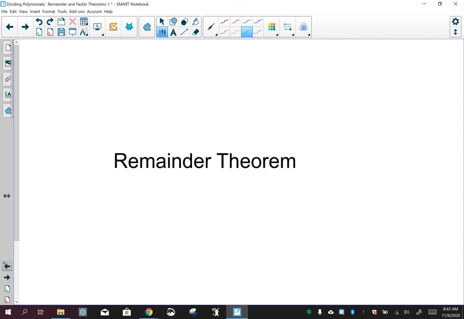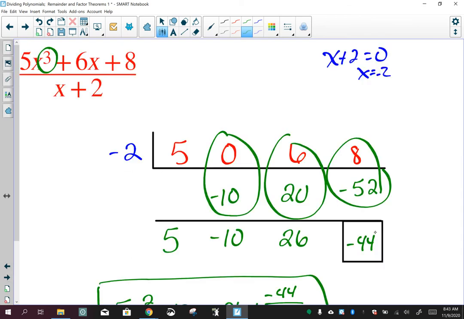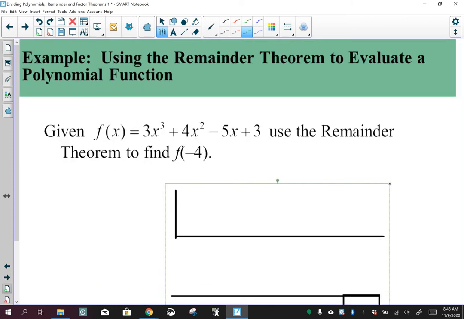So when you go through the process, I'm going to go back here. Whatever number you get right here is going to be what's called the remainder theorem, what the y value is at that x coordinate that's right here. So since this is not a 0, this means that when x is negative 2, my y is going to be negative 44. So you're going to do this same thing.